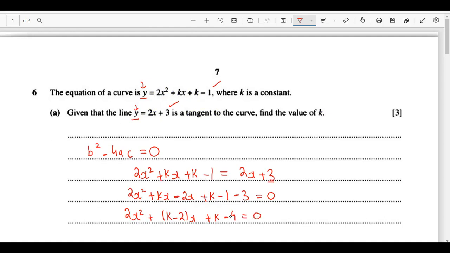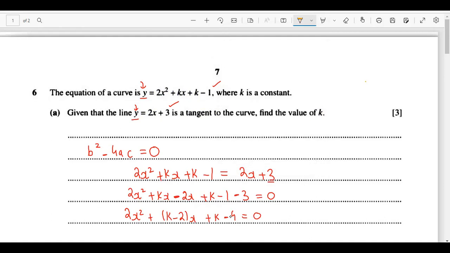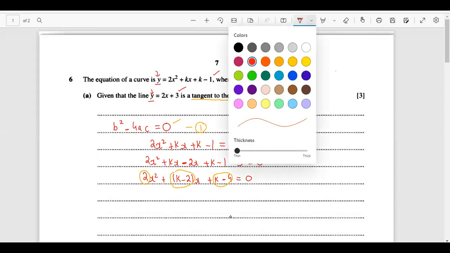Now this is the quadratic equation I would be focusing on, made using the given condition. Here this is a, this is b, and this is c. I'm only supposed to plug in a, b, c into equation number 1.